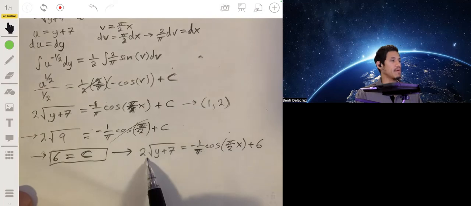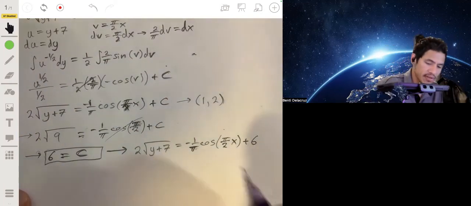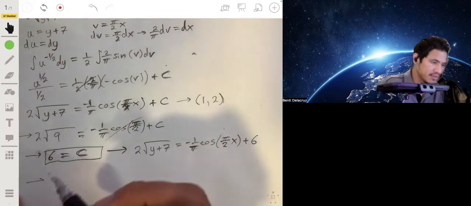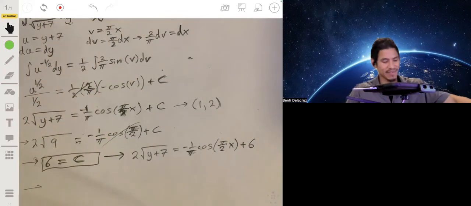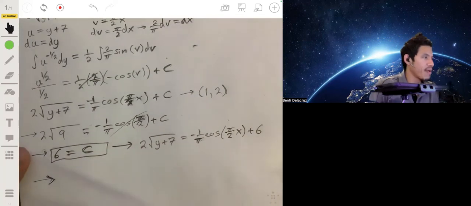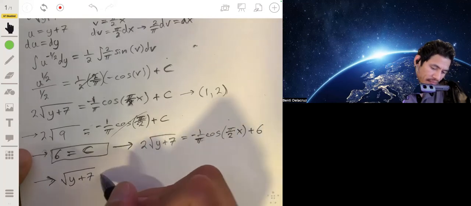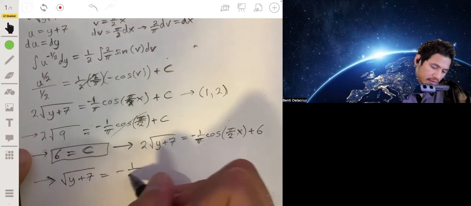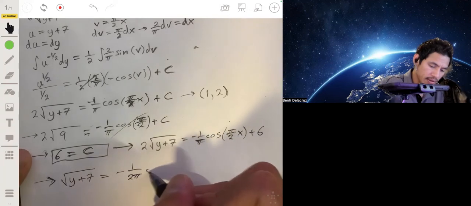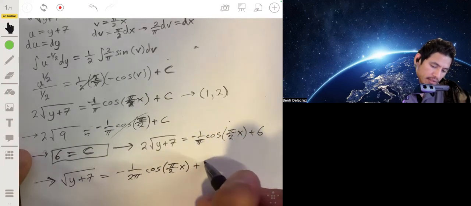And now let's just divide both sides by 2 and then square each side, and then subtract 7. So dividing both sides by 2, geez, let me go and use a pen. The square root of y plus 7 equals negative 1 over 2 pi times the cosine of pi over 2x plus 3.